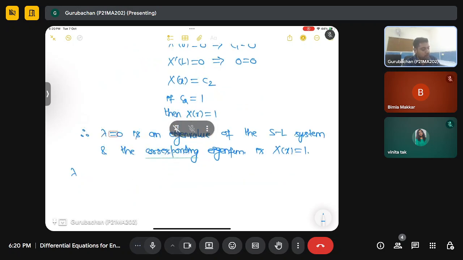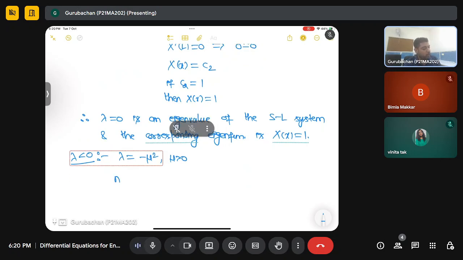Next case is lambda less than 0. So that means lambda can be minus μ square and μ is strictly positive. Then the auxiliary equation will be m square plus μ square equal to 0, and this will imply m can be plus minus iμ.